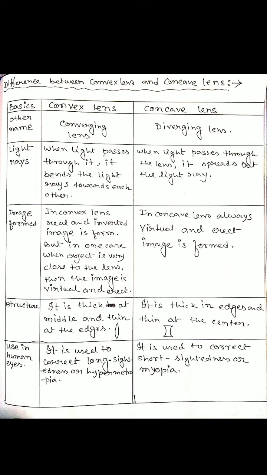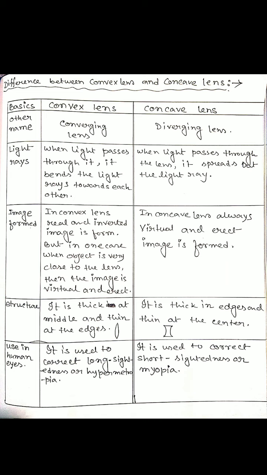The image formed by a convex lens is real and inverted most of the time, but sometimes we get a virtual image also. But in the case of a concave lens we get only a virtual, erect and smaller object. I'm sorry, not magnified, smaller, in the case of a concave lens.